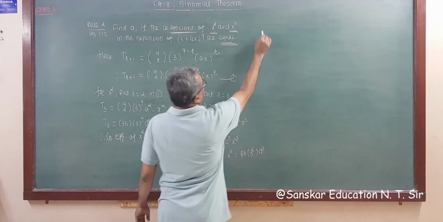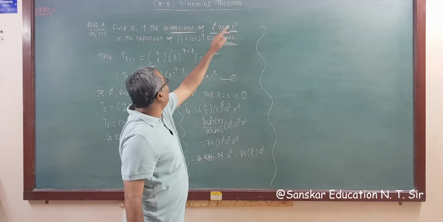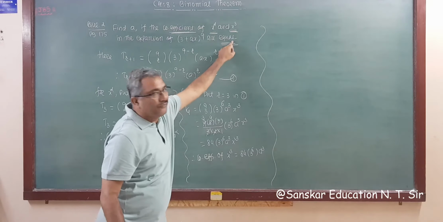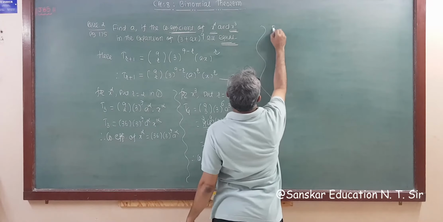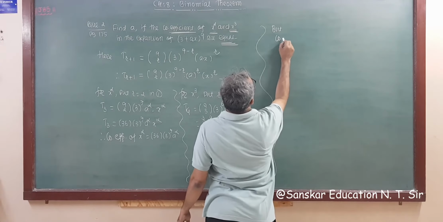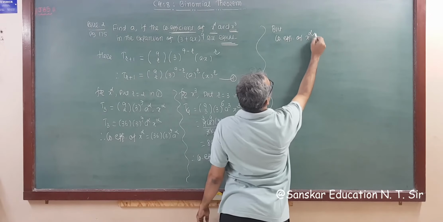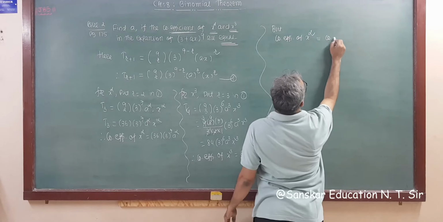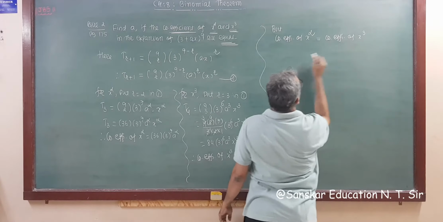But what is given? Given that coefficient of x square and x cube are equal. So we have to take these both coefficients equal, so coefficient of x square is equal to coefficient of x cube.